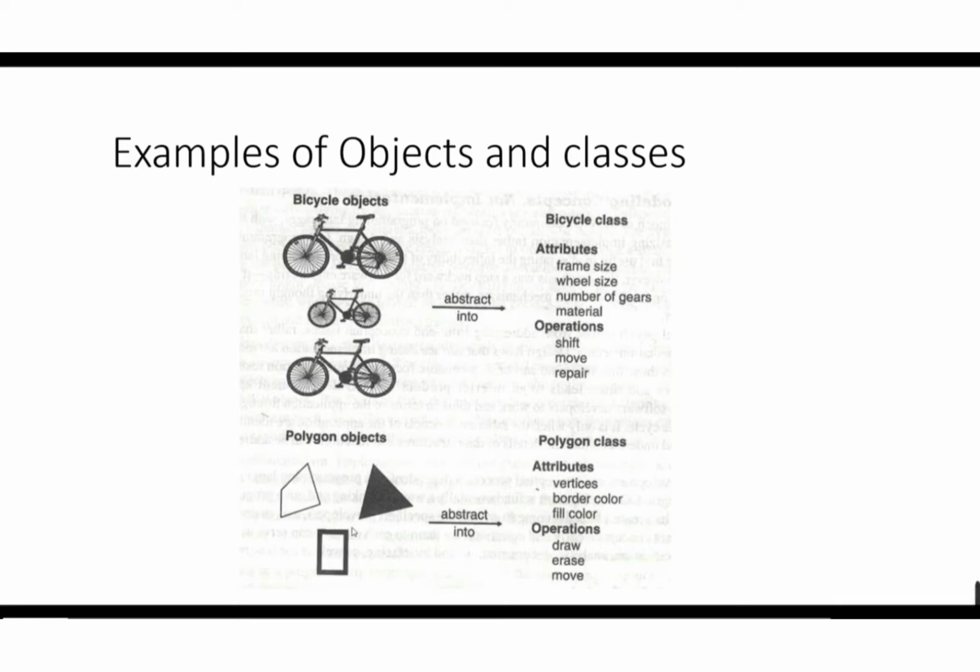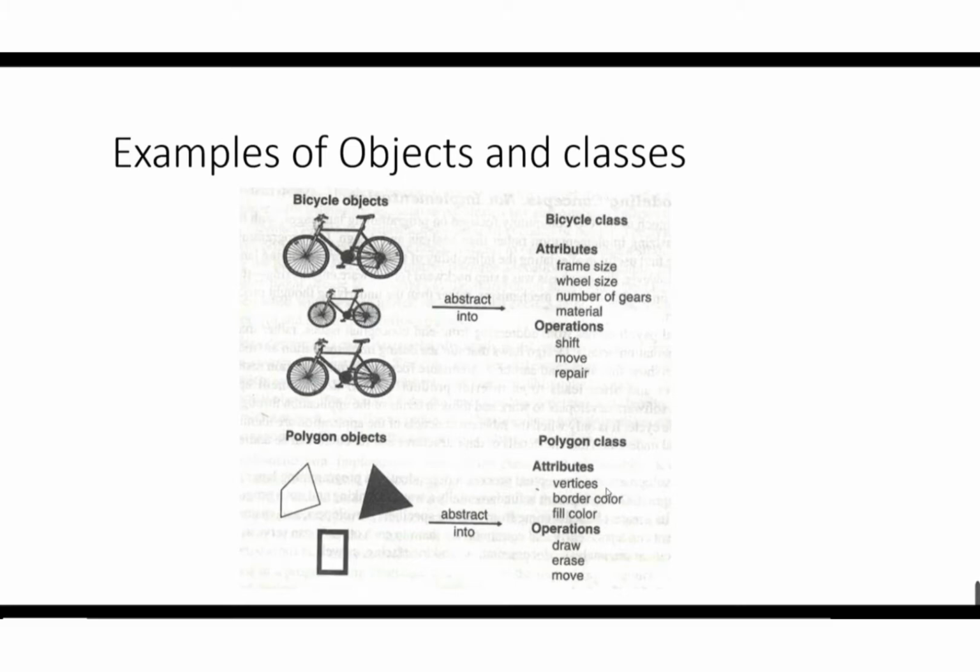For example, we can draw a rectangle, we can draw a triangle, and there are different polygon objects. But if we want to manage them in a software, we need to abstract them into a polygon class, and we find three important attributes to this software for the polygon class.